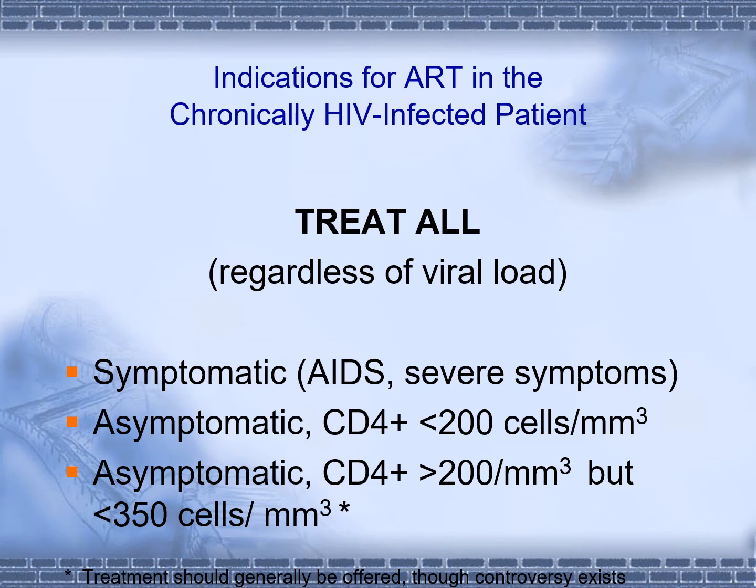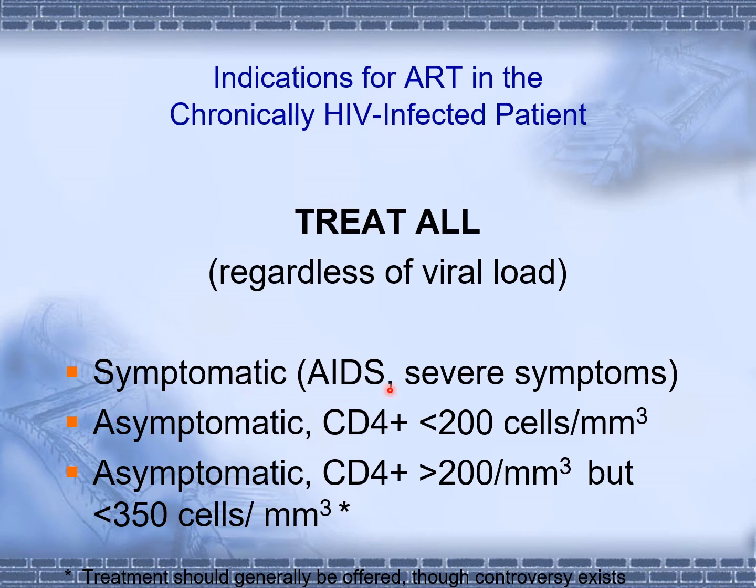Another very important thing which you should all know about this antiretroviral drug therapy is, what is the indication? Do we have to start in all the patients, or who are the candidates for the treatment? Number one, treat all regardless of the viral load, symptomatic or asymptomatic.